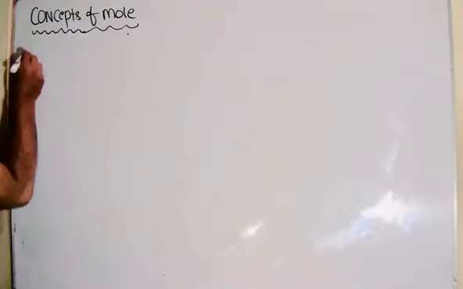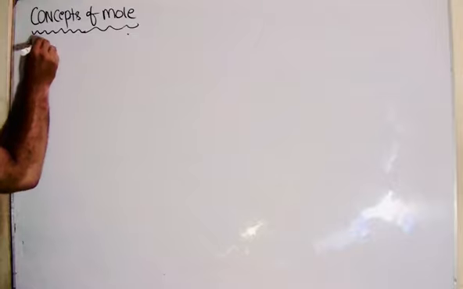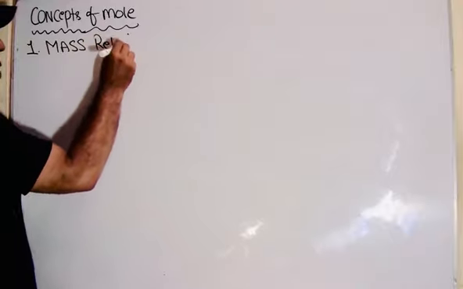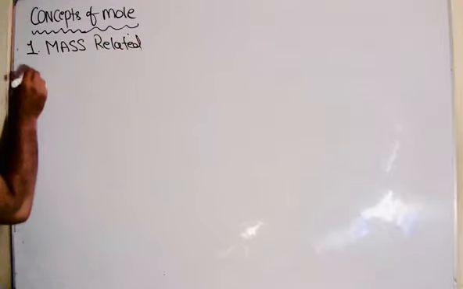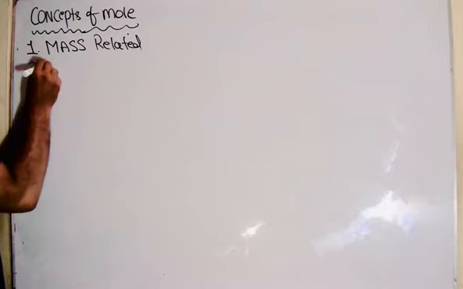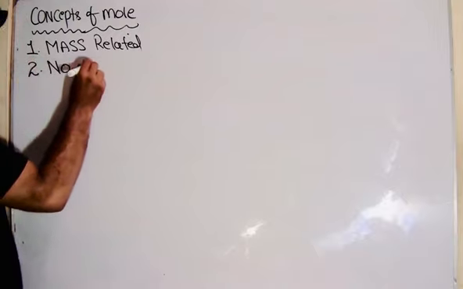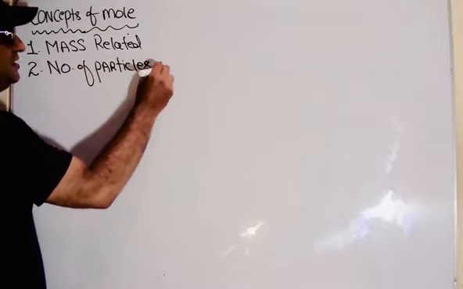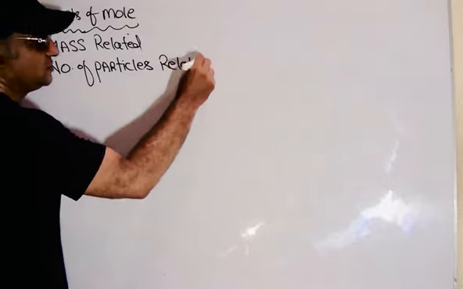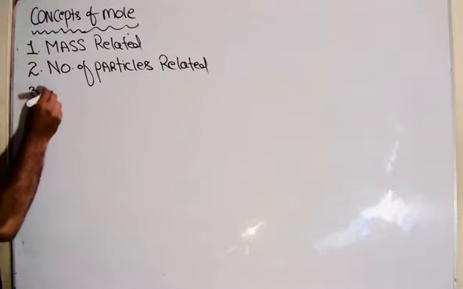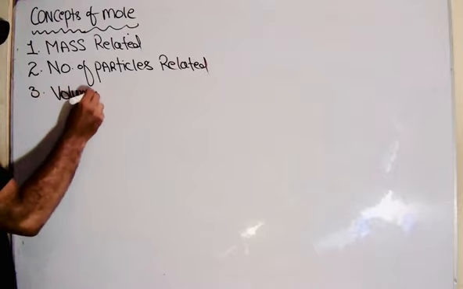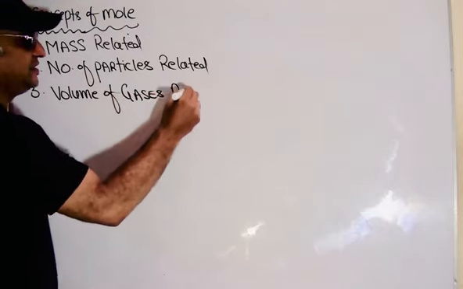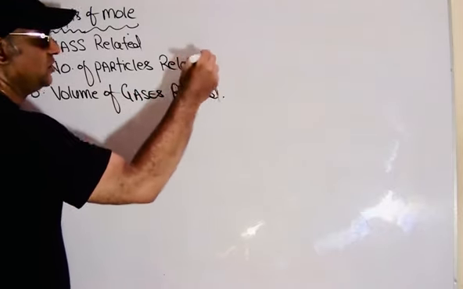First concept is the mass related concept of mole. Second one is the number of particles related concept of mole. Third one is the volume of gases related concept of mole.